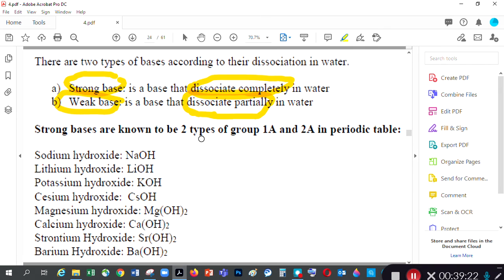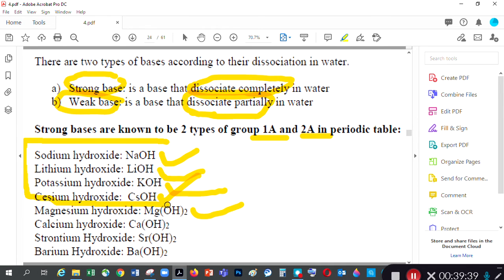So you can see the strong bases are coming from group 1A and 2A, such as sodium hydroxide, lithium hydroxide, potassium hydroxide, cesium hydroxide, magnesium hydroxide. This is group 1A, correct?